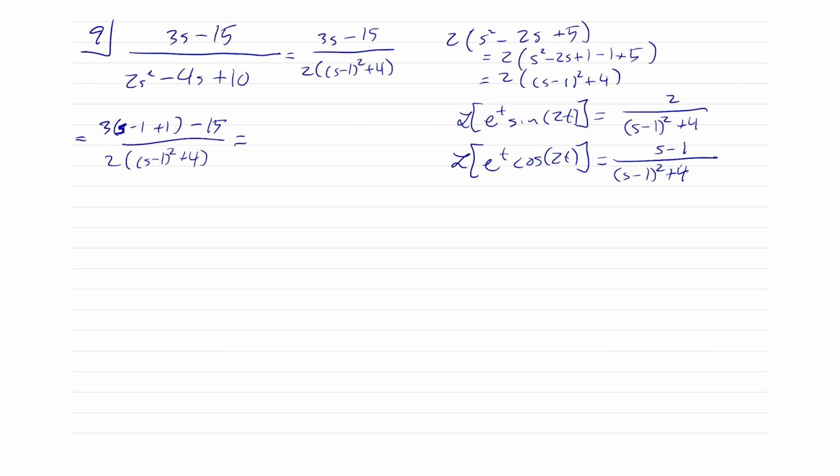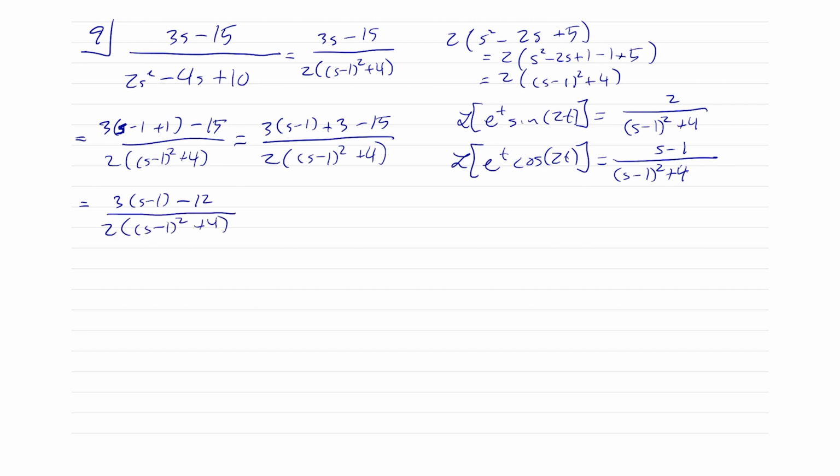I distribute the 3, so we get 3 times (s minus 1) plus 3 minus 15, divided by 2 times (s minus 1) squared plus 4. Now I get 3 times (s minus 1) minus 12, divided by 2 times (s minus 1) squared plus 4. Now I can split it up.